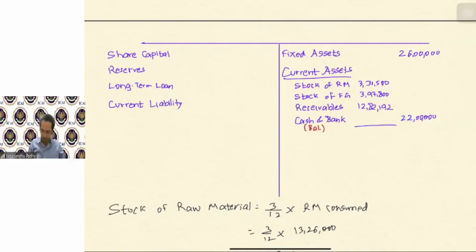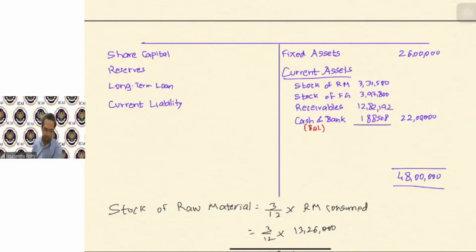That balancing figure will be essentially 22 lakh minus 3 lakh 31,500 minus 3 lakh 97,800 minus 12 lakh 82,192, which is 1 lakh 88,508. So essentially total asset is 48 lakhs.